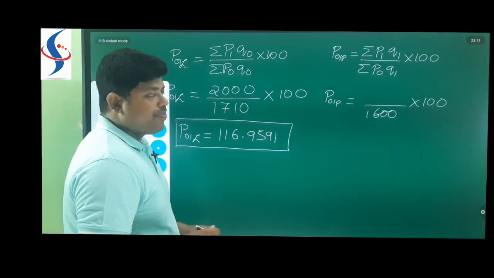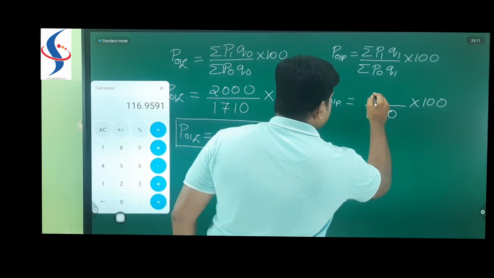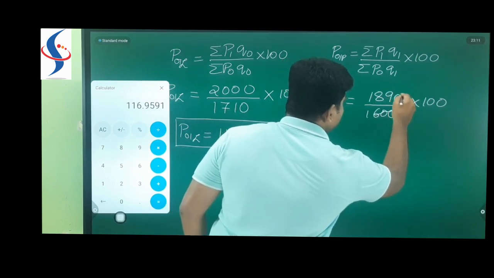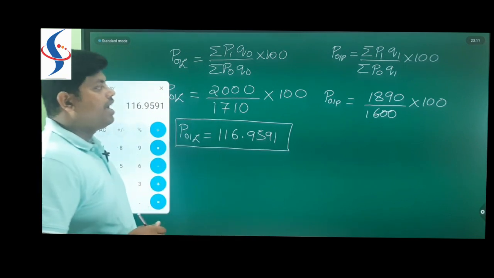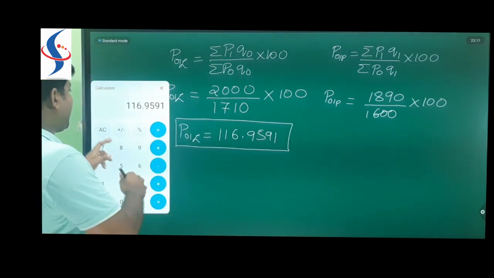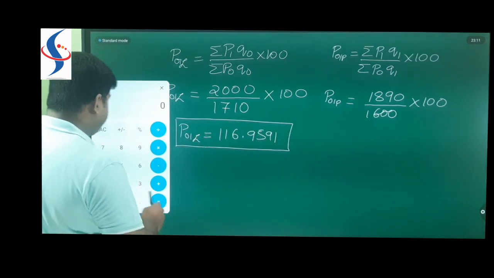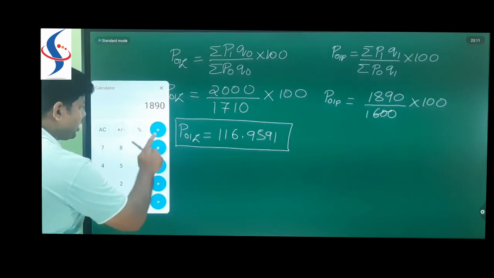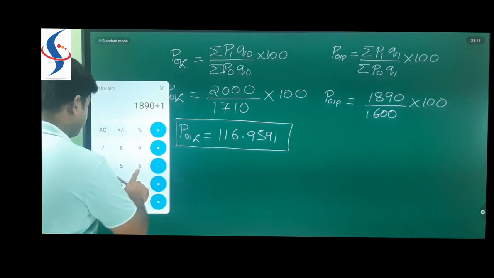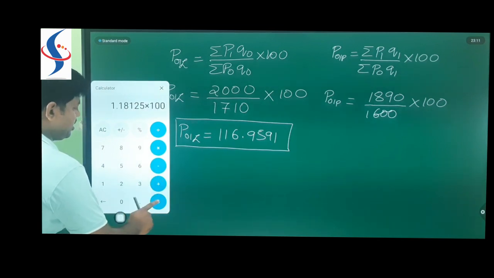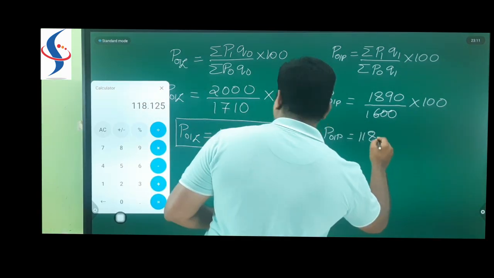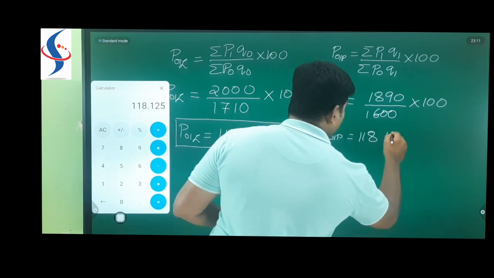From the table we put the values here: 1890 divided by 1600 into 100. By using calculator we can find the answer. 1890 divided by 1600 into 100 is 118.125.